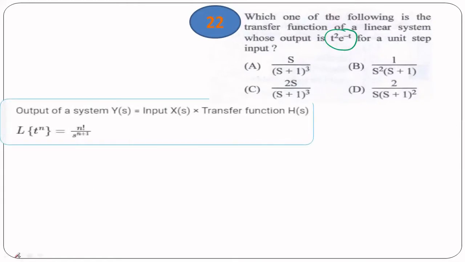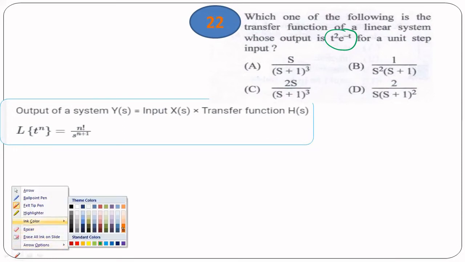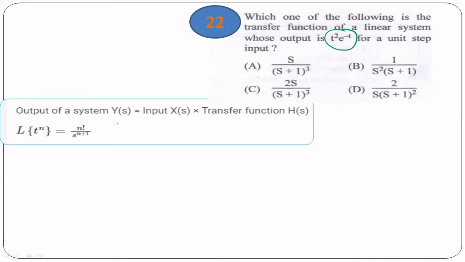As we know, the Laplace transform of the output of a given system is equal to the input x of s into the transfer function h of s. That is, y of s is equal to x of s into h of s.